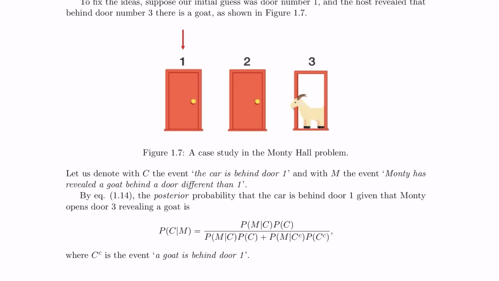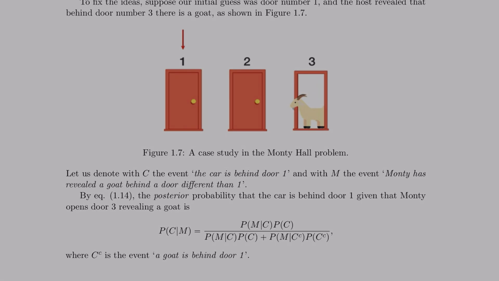The simplest version of the generalized Bayes theorem, that is, this equation here, says that the posterior probability that the car is behind door 1 given that Monty opens door 3 revealing the goat is given by this formula, where of course the complementary of the event C is the event a goat is behind door 1. In the next page we analyze all the objects appearing in this formula.